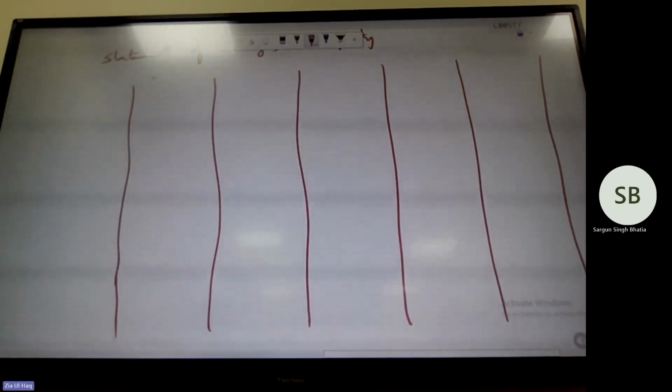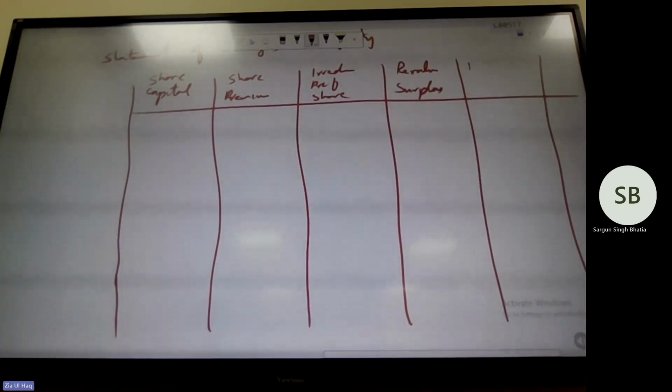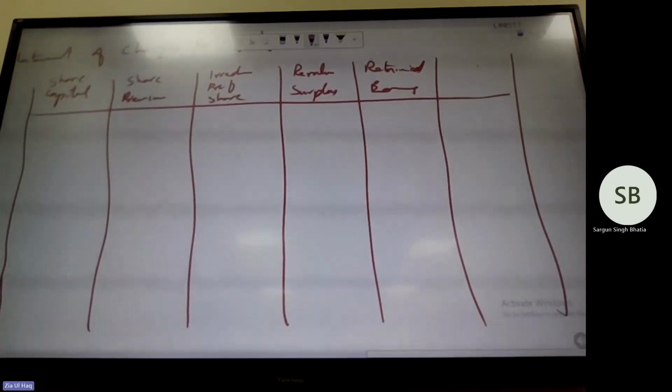So this column is for share capital. This is for share premium. This is for irredeemable preference shares. This is for revaluation surplus. This is for retained earning. And the last column is for total.